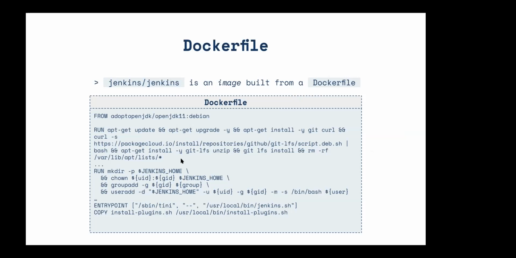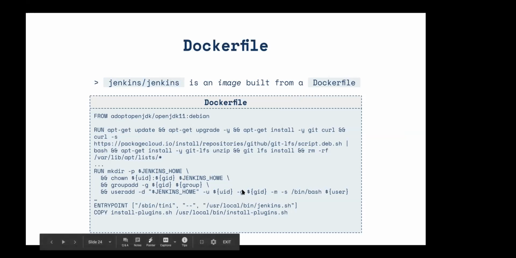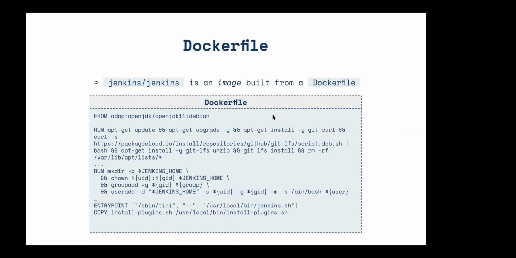I've truncated it because it was too long, but basically it's based off another image called OpenJDK, which is how Java is installed. Then on top of that, it's installing other tools like Git and curl. It's creating a Jenkins home directory to host scripts like install-plugins, which we'll see how to use later.